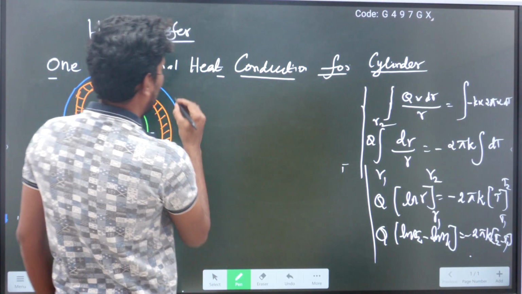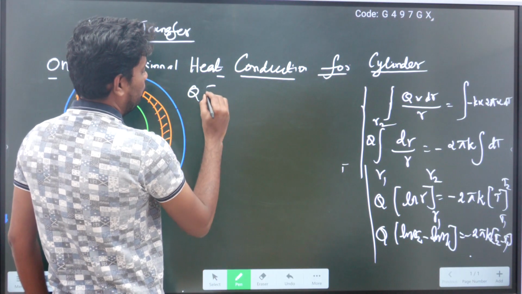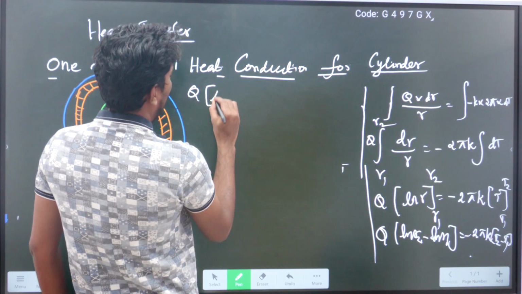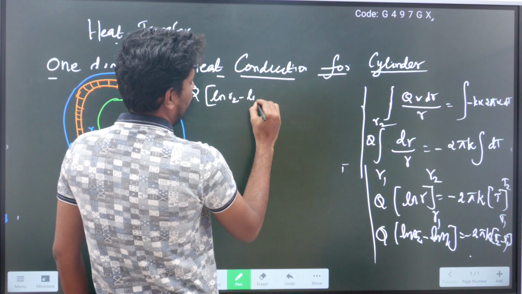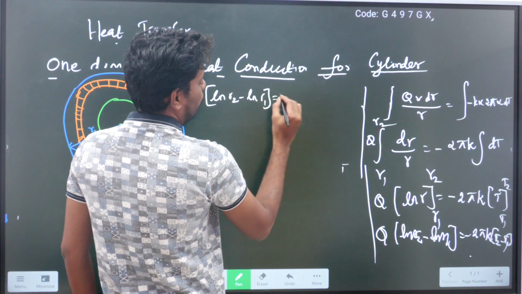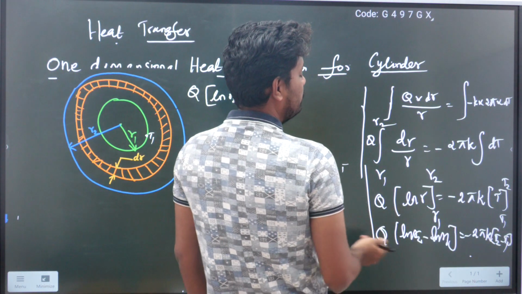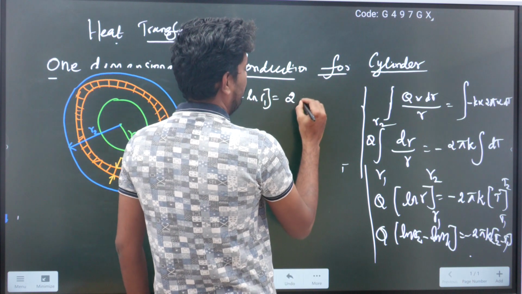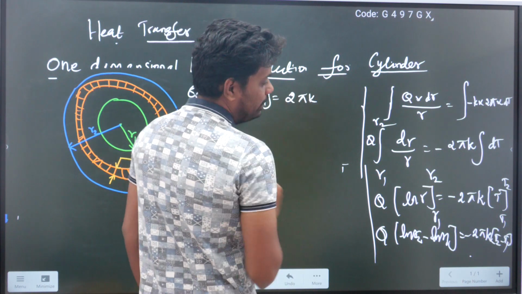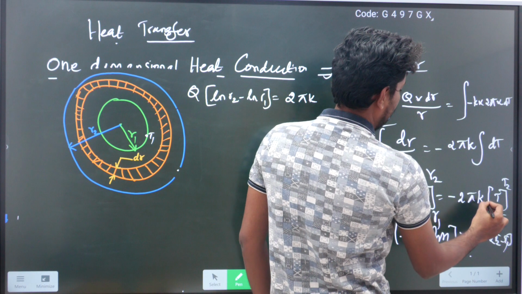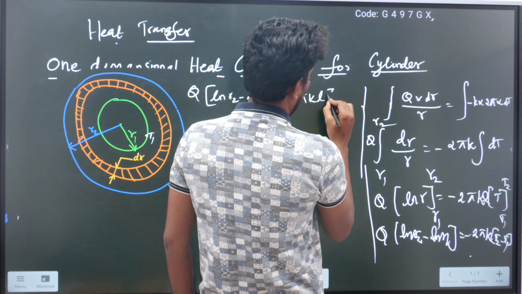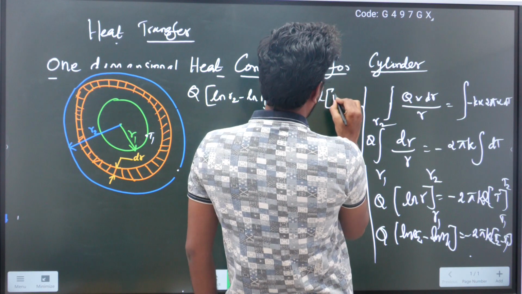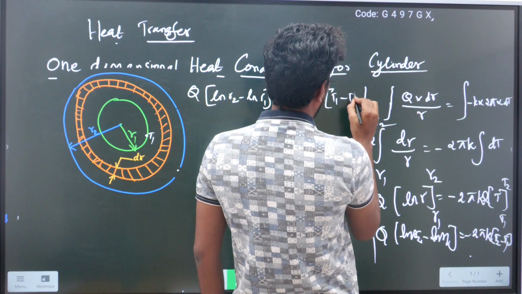So Q into ln of r2 minus ln of r1 is equal to, changing this minus into plus, 2 pi K L, since L is also there, into T1 minus T2.